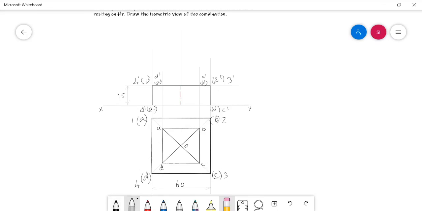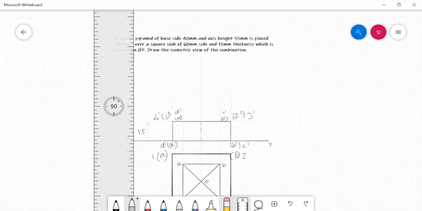And the axis height of the top solid is given as 55 mm.